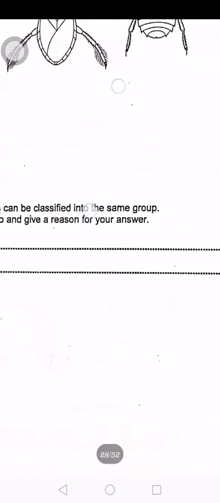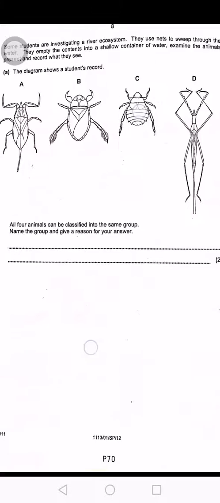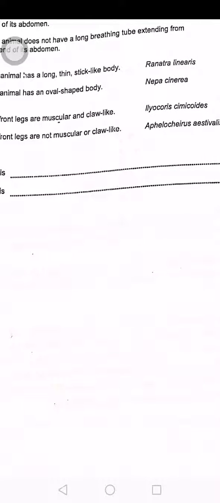The front legs are muscular and claw-like. بصوا على الفرونت leg عاملة ازاي؟ عاملة زي الكلوز كده أولادي. صح، muscular and claw-like. That's right. يبقى هي دي النيم بتاع البي. Ilyocoris cimicoides. يبقى أنا كده عرفت النيم of A and the name of B.